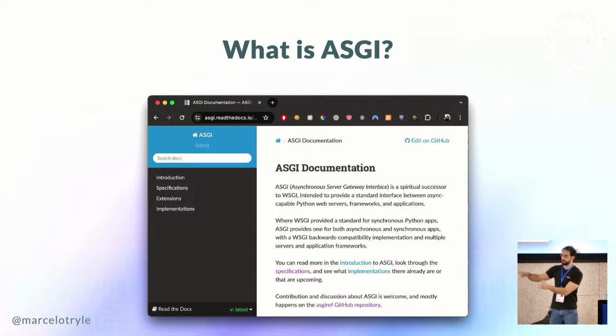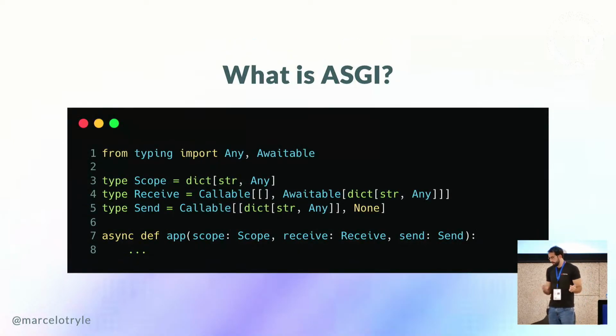And now, since 8 years ago, ASGI was created, and it tells how you communicate between the server, like Uvicorn, and the application, like FastAPI. And that's what I'm going to be talking about here. I'm going to be talking about how the changes on that spec give a benefit to FastAPI without FastAPI doing anything. They just get the benefits from it.